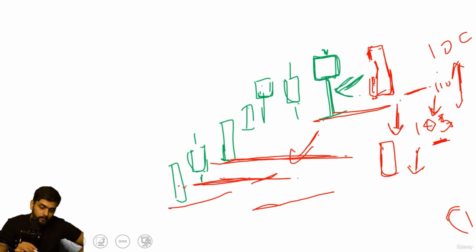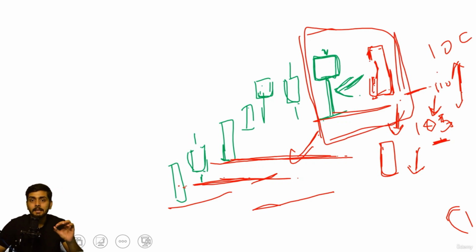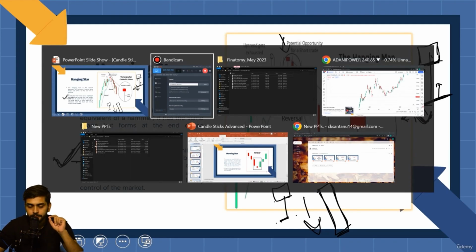This mechanism, 110 decreasing to 105, is a very important mechanism. You will learn it as you go further, don't need to get confused about all of this right now. So overall the understanding of this is how we trade a hanging man or a hanging star pattern.